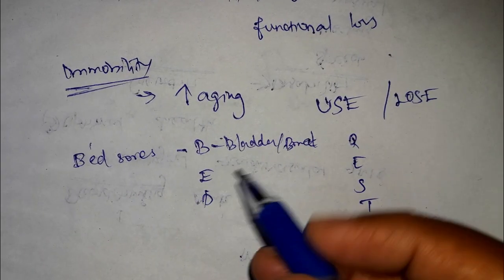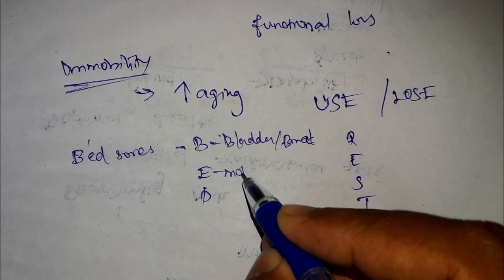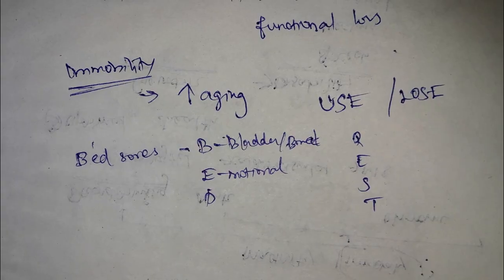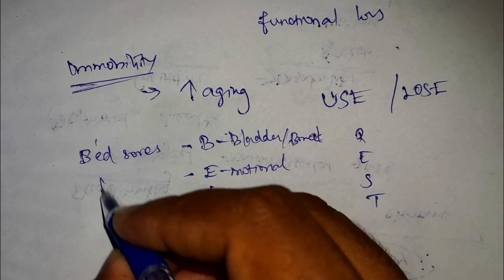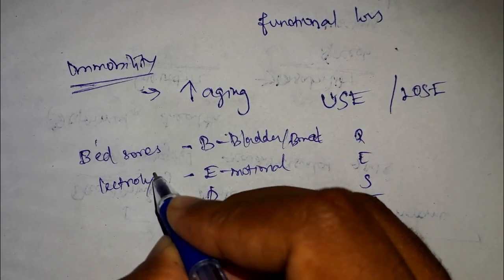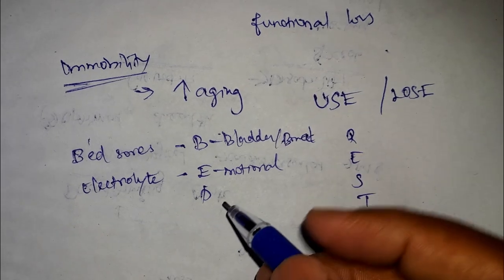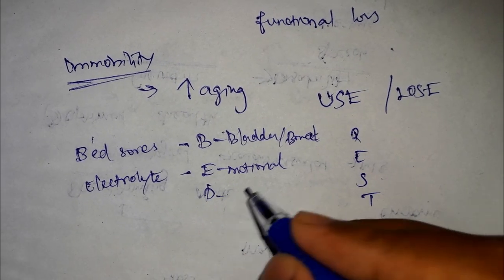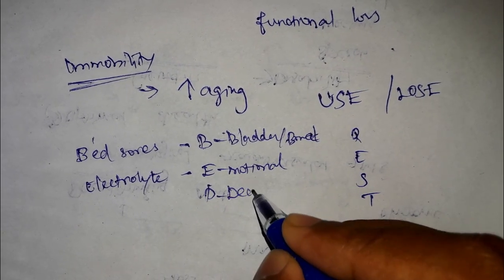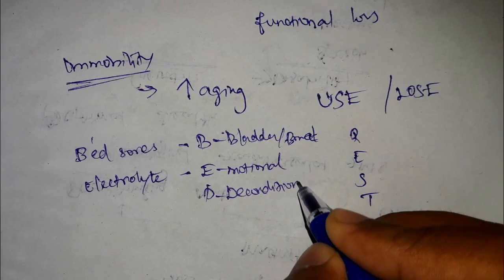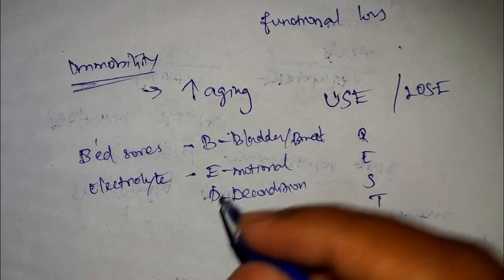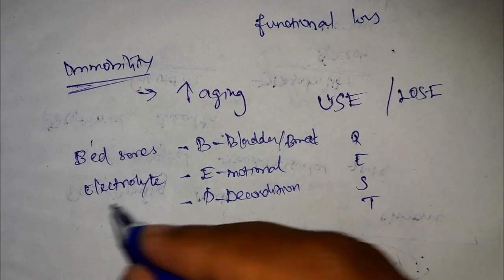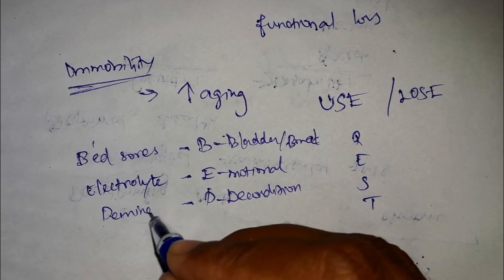If we are in bed, we may have emotional trauma and electrolyte imbalance. We cannot have the normal condition of the muscles and nerves, that is deconditioning, and demineralization of bone.